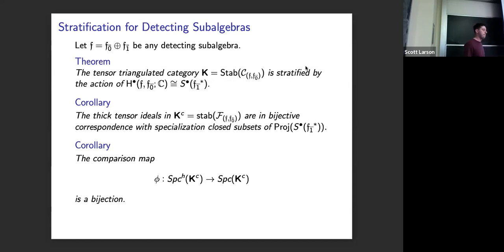Yes, that was in our paper back in 2017. I think the open problem was the stratification. That's right, sorry, the theorem. Yes, we proved the corollary. The corollary was known before. That's right, this is a new way to do it.